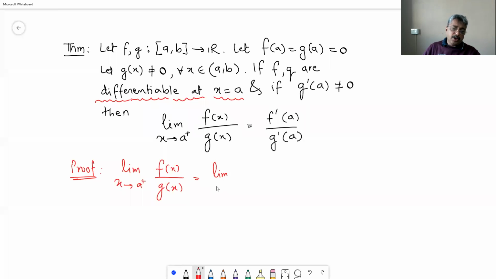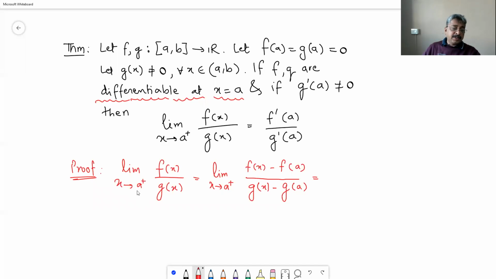This is equal to limit x tends to a plus f of x minus f of a. Because f of a is given to be 0, we don't mind subtracting from the numerator. We don't mind subtracting from the denominator. That will not change the value.